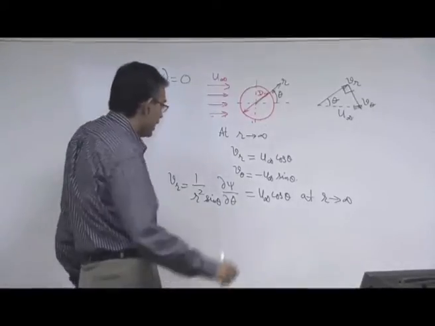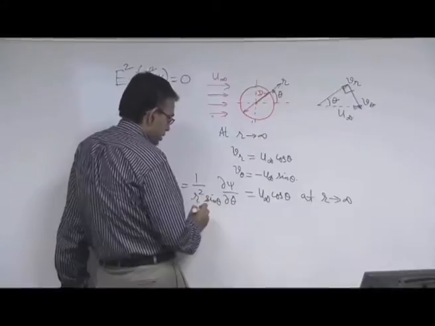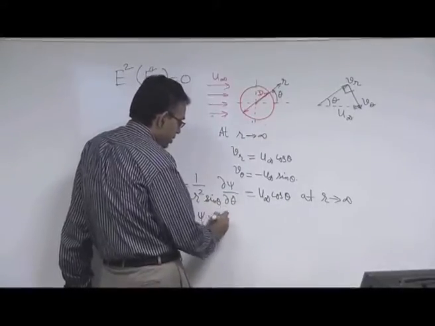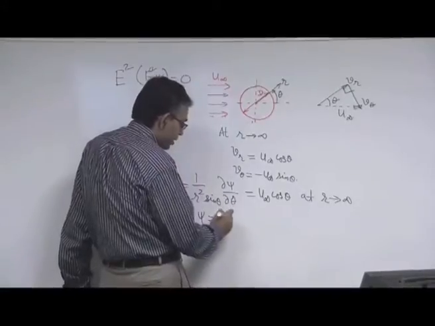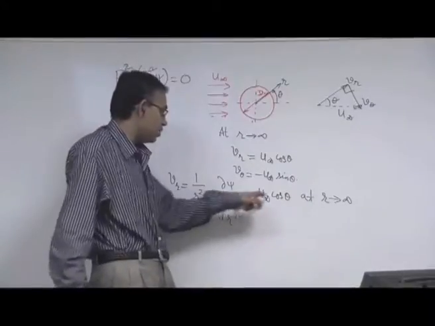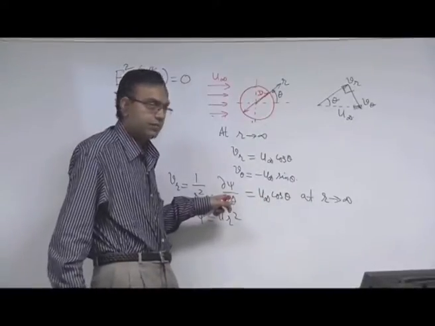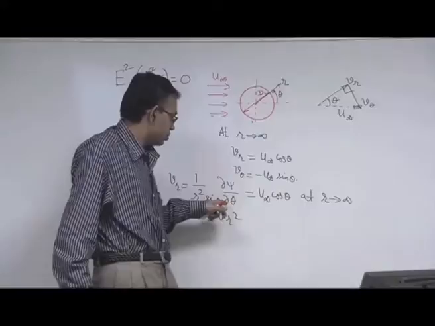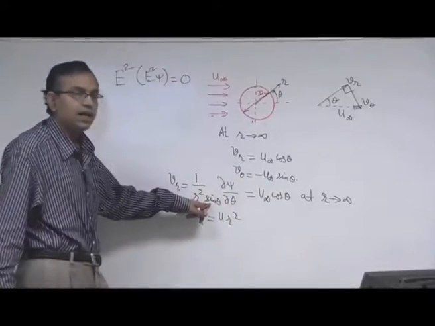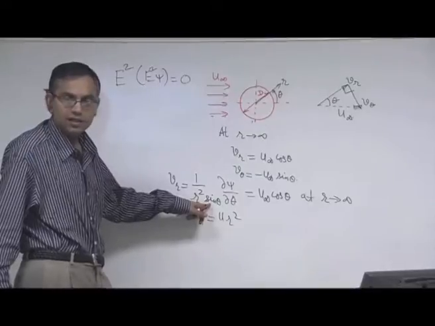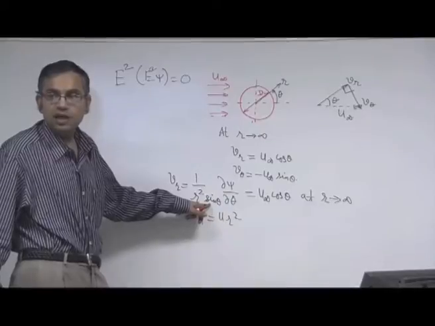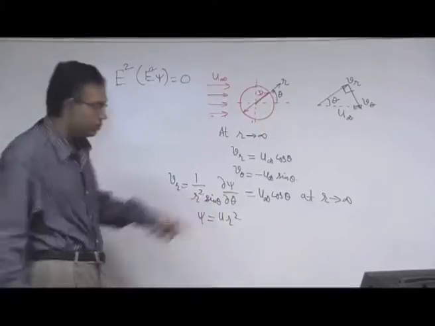If you integrate this, psi is equal to u infinity r square times the integral of sin theta cos theta d theta. Let us say sin theta equals some z, so cos theta d theta is dz. So it is the integral of z dz, that is z square by 2.